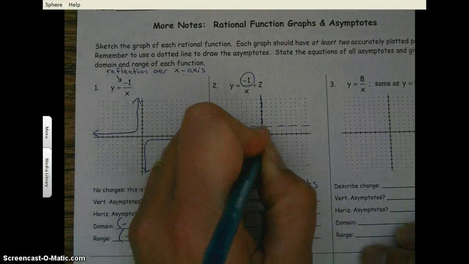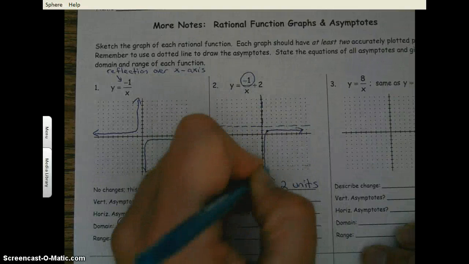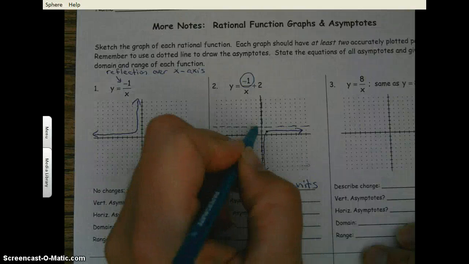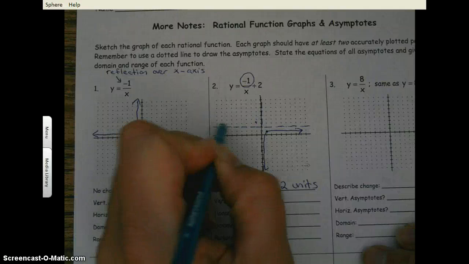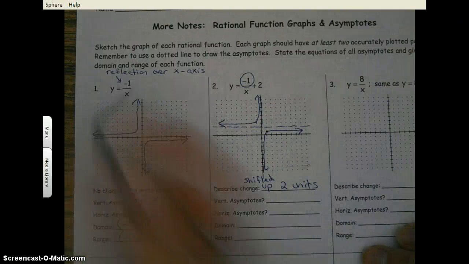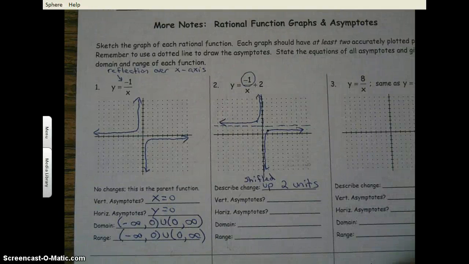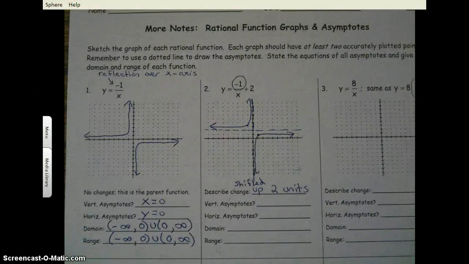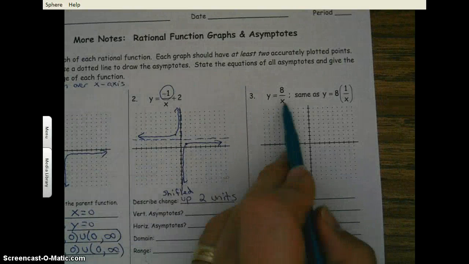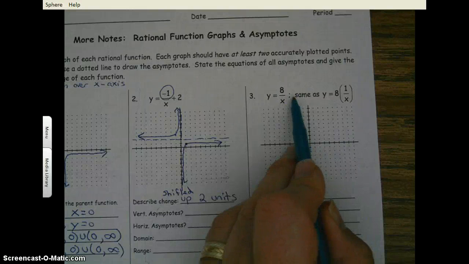And then you can go ahead and draw in your graph. Now to get the other point, you start in the middle, you go left 1, and you go up 1. And that's how you get your two accurate plotted points. Look at number 3. Is there a shift left and right? No. Up and down? No.